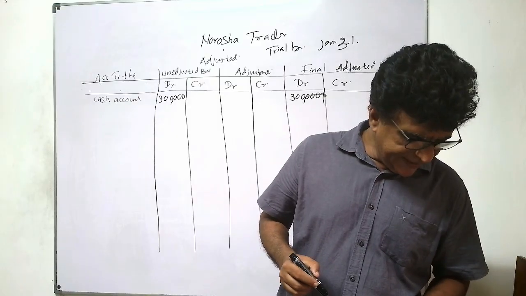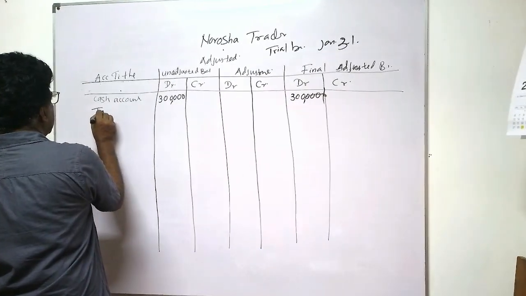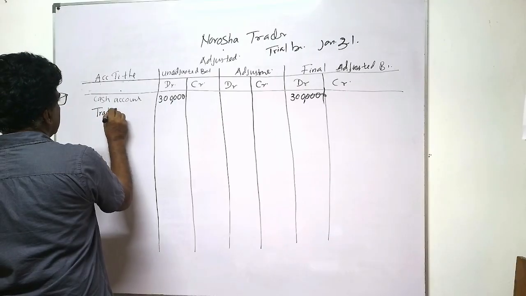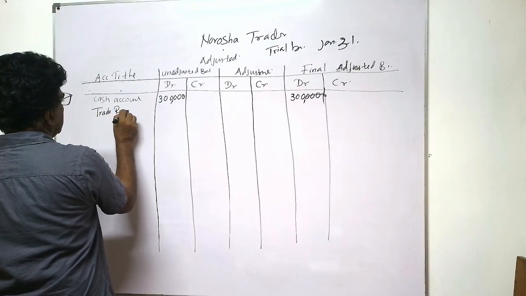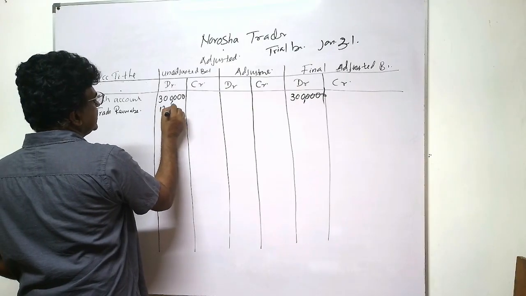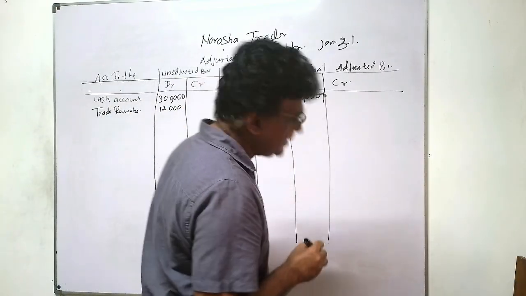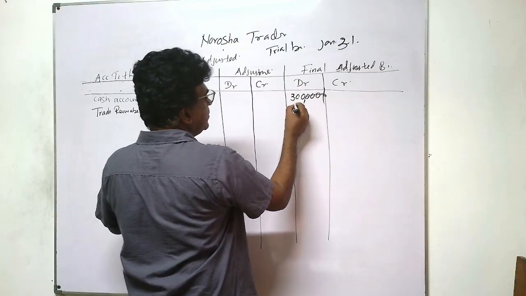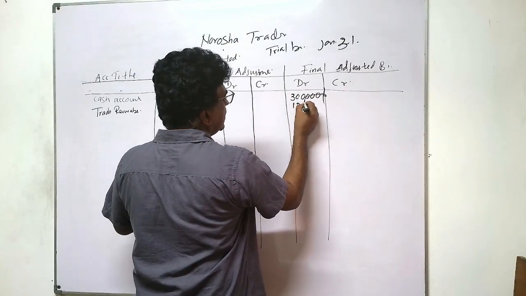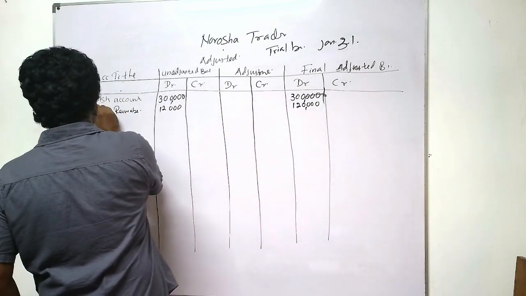And the trade receivable, there's 120,000 debit balance, and it is going here.